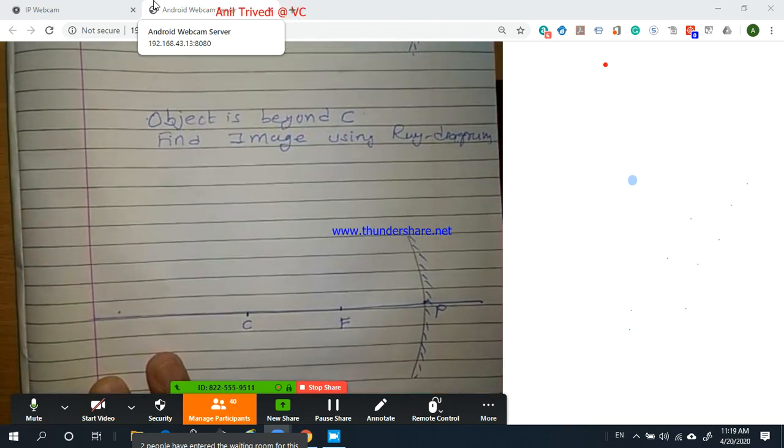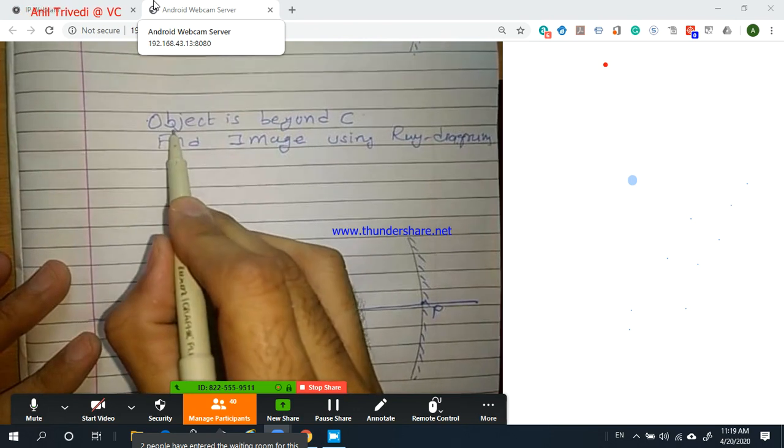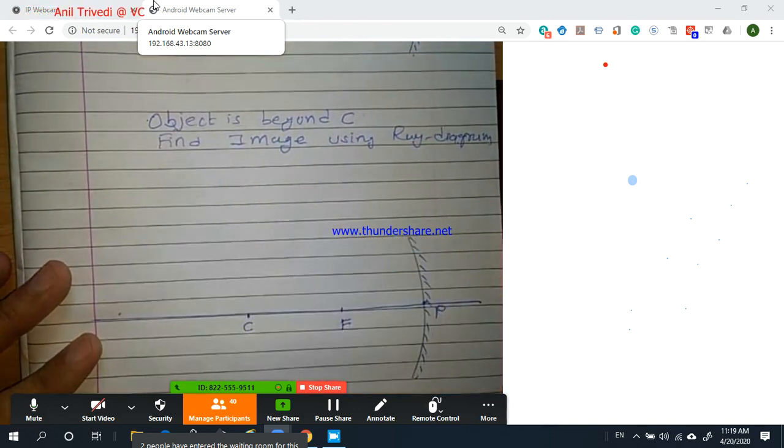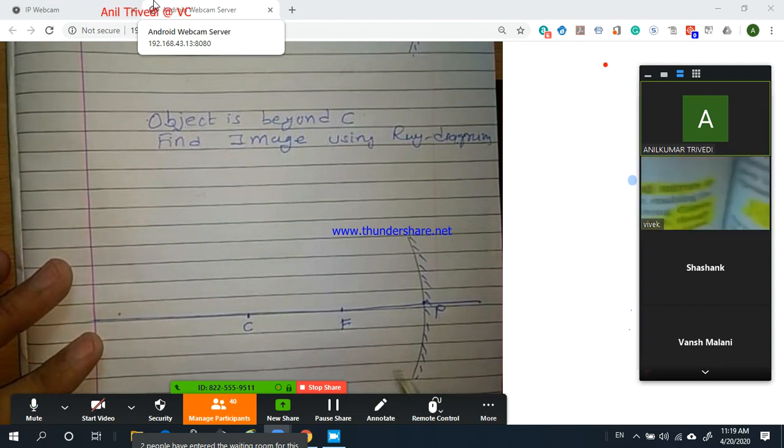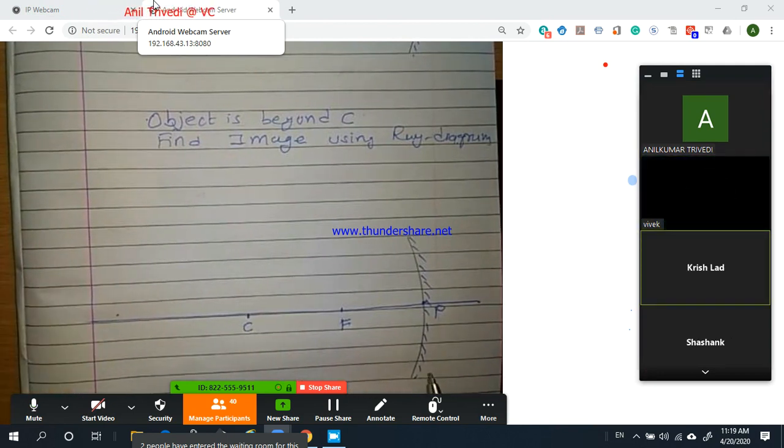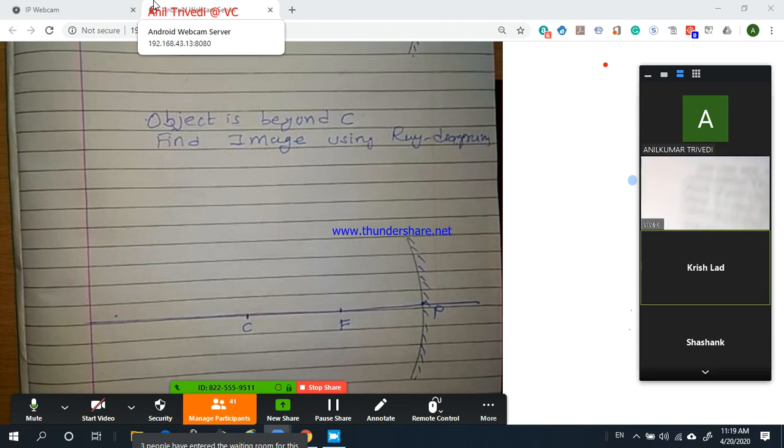Okay. Question is object is beyond C. So what we'll do, I need to draw two rays. One will be passing through C, another is parallel to the principal axis.